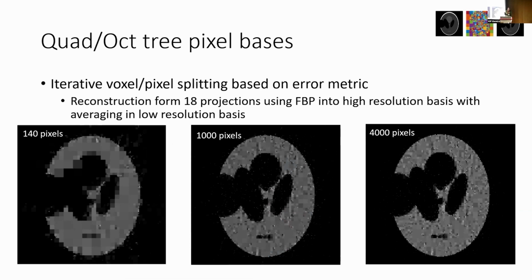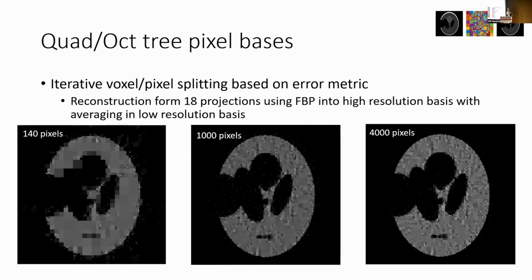The first way of adapting your basis in doing your reconstruction, again using the same data, is that I start with a very low number of uniform sized voxels, and then I look at an error measure: which voxel do I need to break up to get a better basis? Then I slowly increase the number of voxels by breaking those that give me a large reconstruction error, and I get a better and better representation of the image, and much sharper.